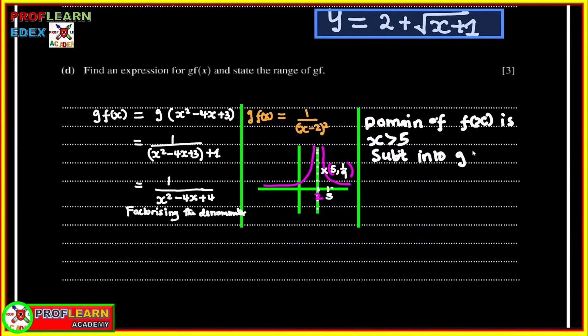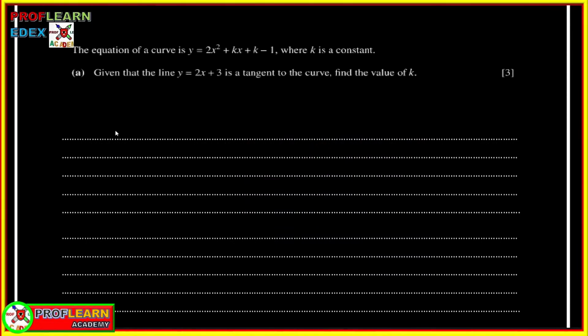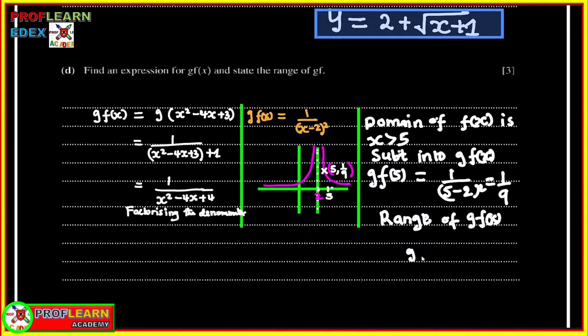So this is going to be the domain of f of x. We are going to substitute 5 into that. So if we substitute the domain of f of x, we are able to get the range of f of x. Domain of f of x we were given as 5. Then if we substitute it into gf of x, you are going to get the range of gf of x.